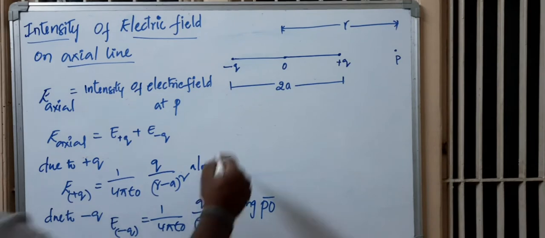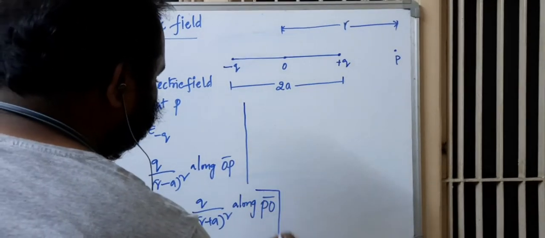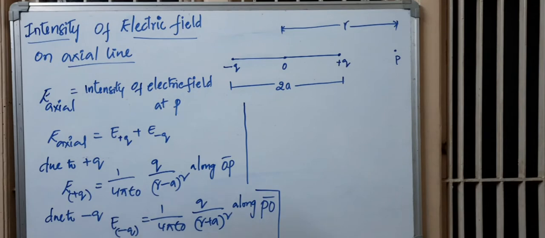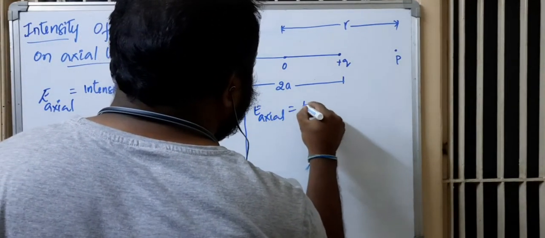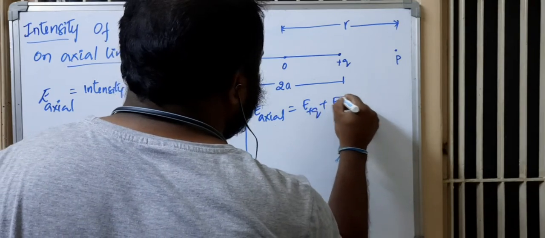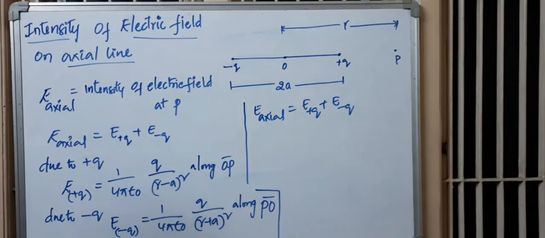Now the net electric field: E axial is equal to E plus Q and E minus Q.